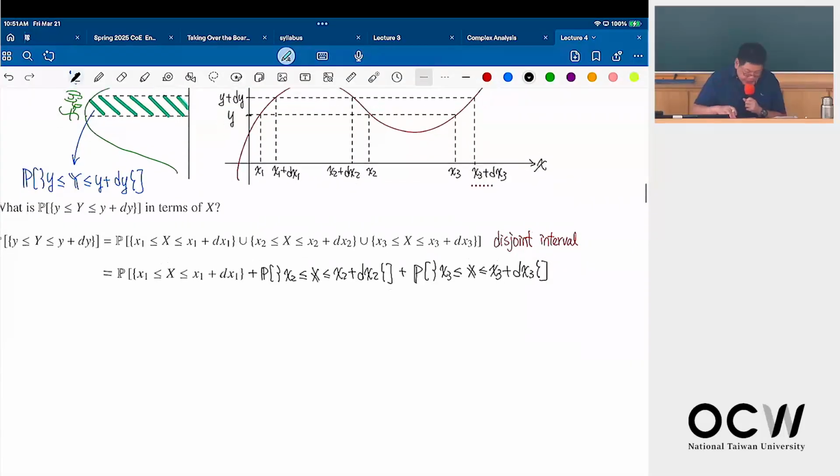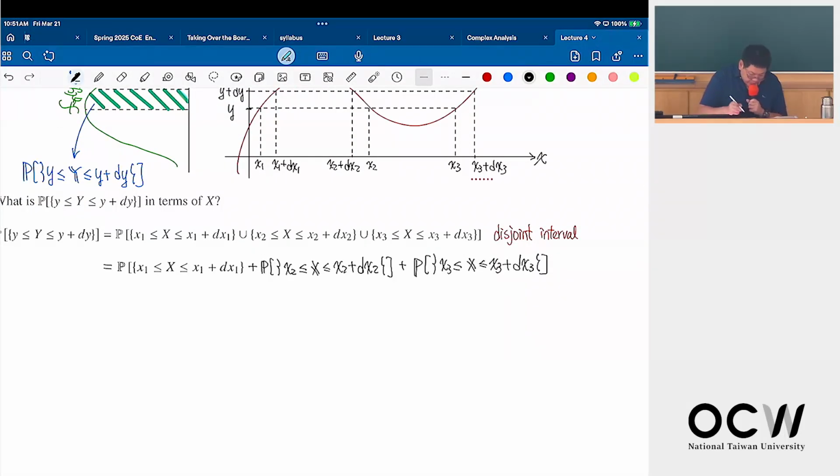Then here that means this is my x, and this is the PDF of my x.